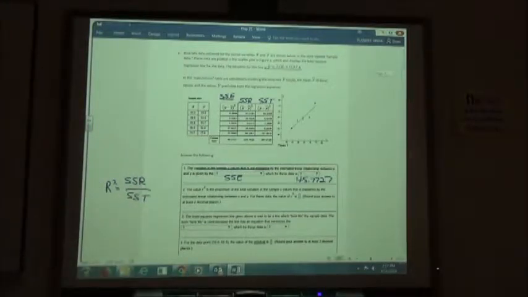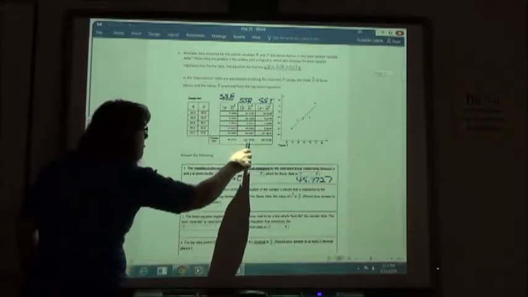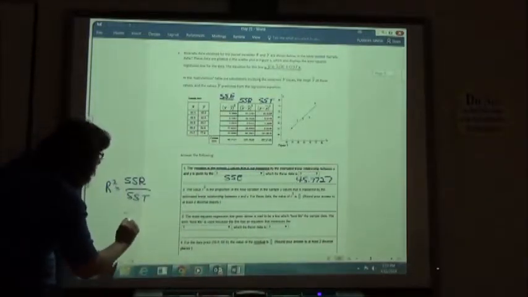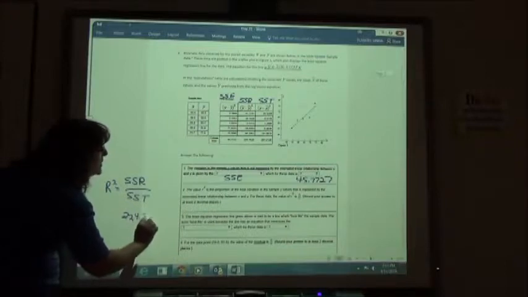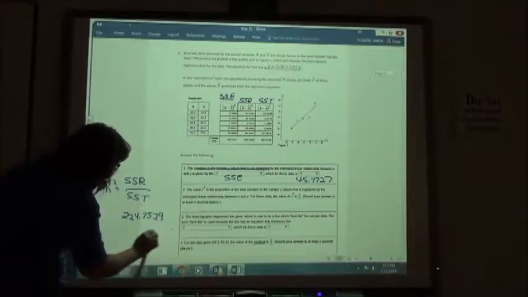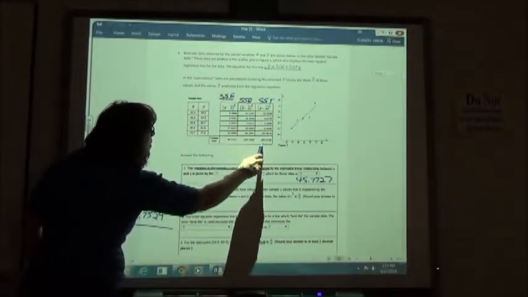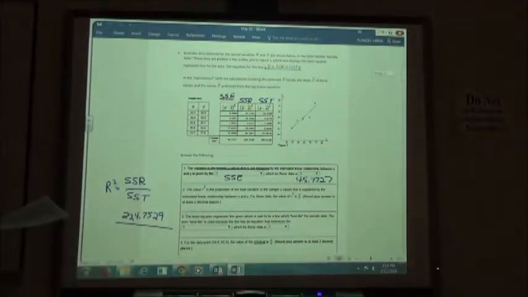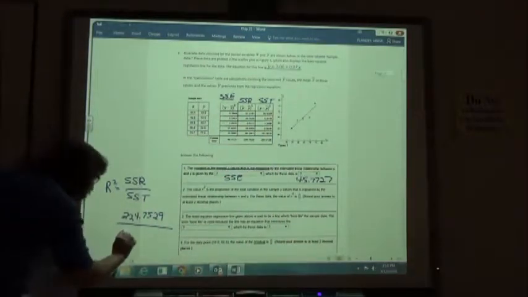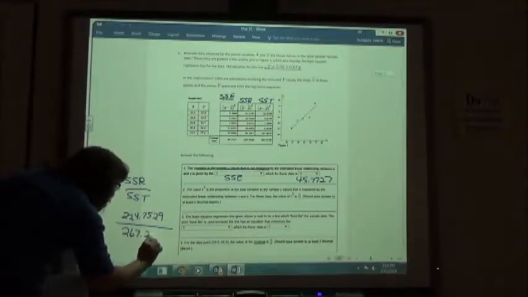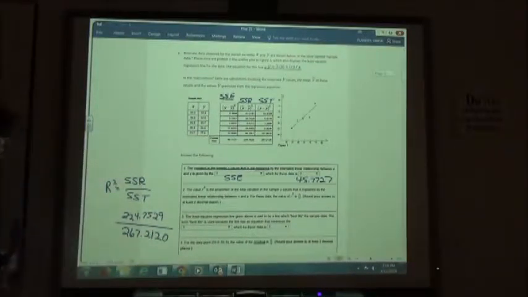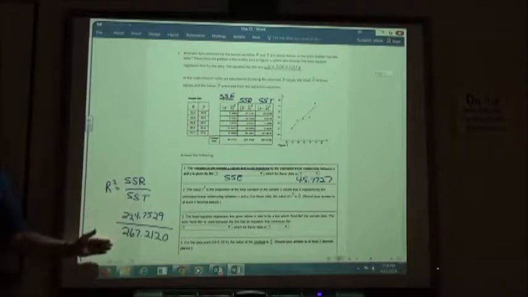And so my SSR number was 224.7529. My sum of the squares total number, 267.2120. Again, you're going to grab your calculator and divide out those two numbers.